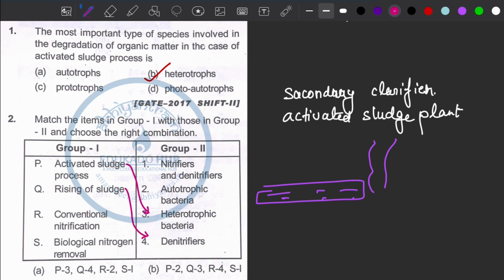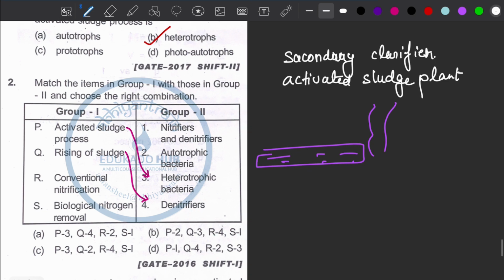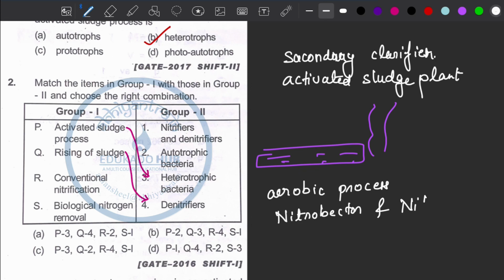Now conventional nitrification. What is conventional nitrification? Nitrification is an aerobic process and it is performed by autotrophic bacteria. Two groups of autotrophic bacteria are associated with the process: Nitrosomonas and Nitrobacter.